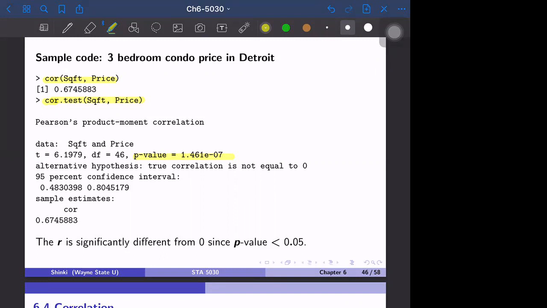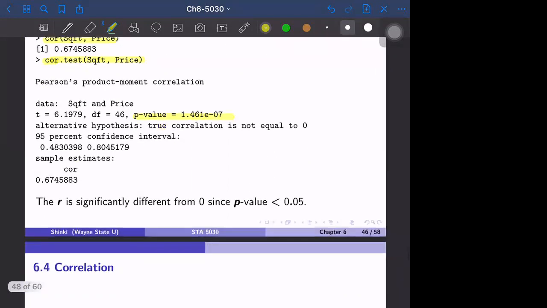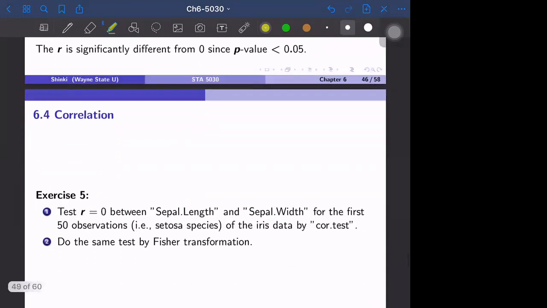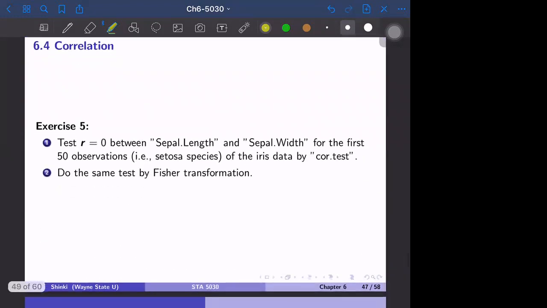So you can either use the cor.test function, which uses a different approximation for the sample correlation coefficient, or you can use just Fisher's transformation. I will ask this in the quiz or the homework.